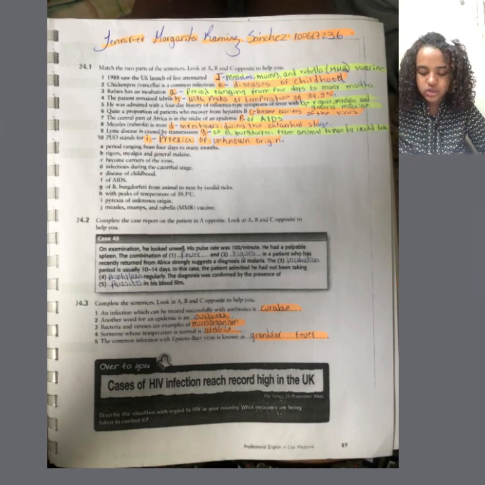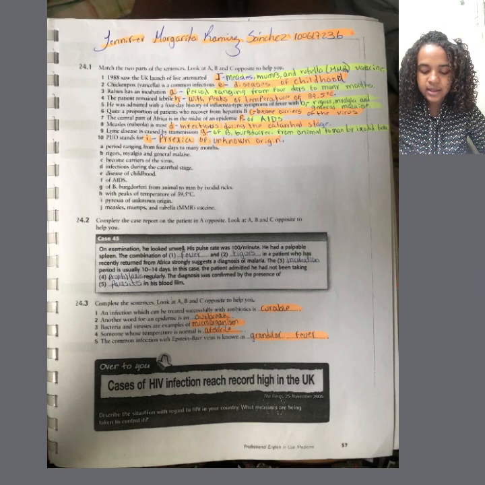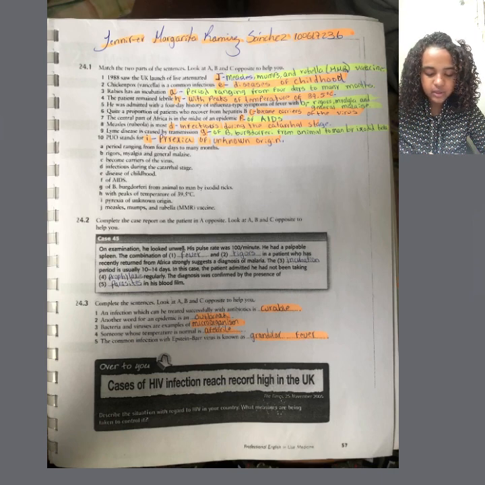The incubation period is usually 10 to 14 days. In this case the patient admitted that he had not been taking prophylaxis regularly. The diagnosis was confirmed by the presence of parasites in his blood film.